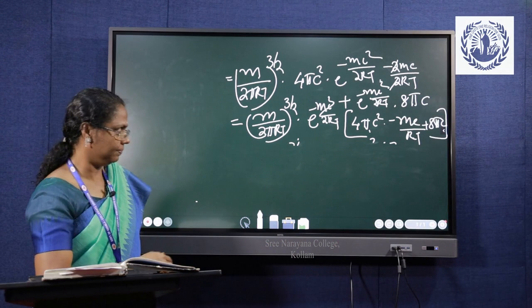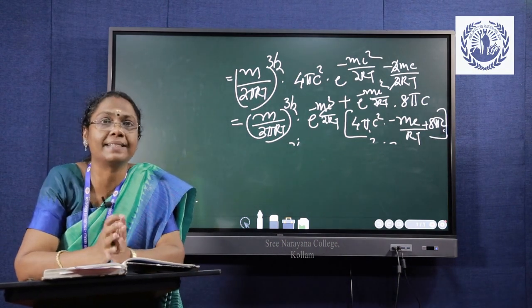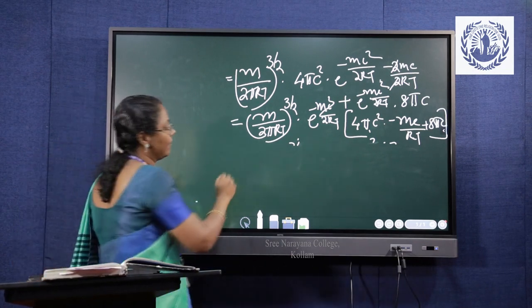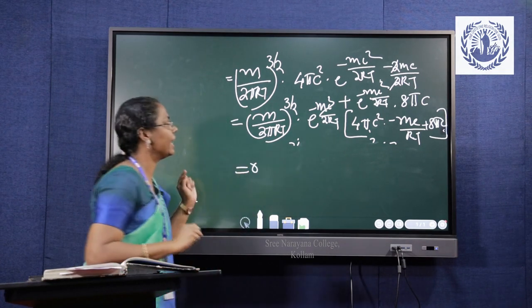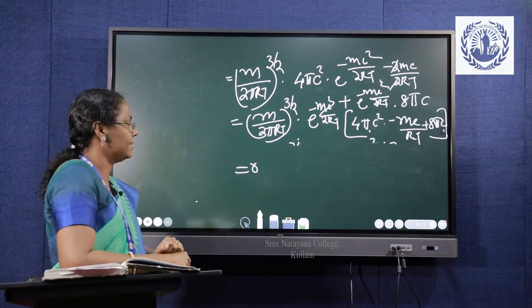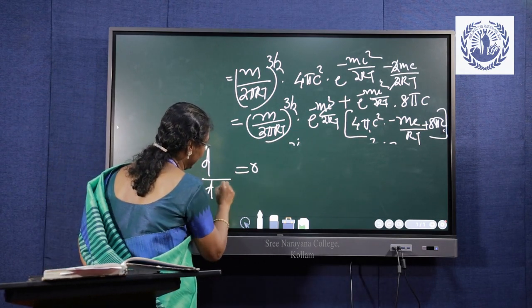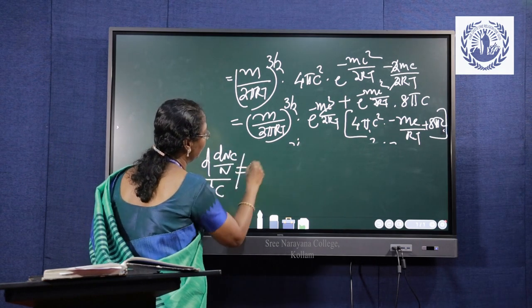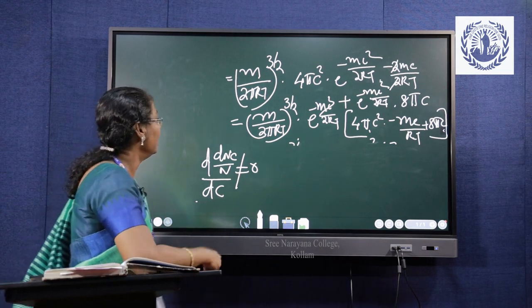Okay, then the condition which satisfies the maximal point is, as I have already said, we are equating this equation to 0, and the condition which satisfies the extremity is that the differential d by dc of dNc by n equals 0. The term dNc by n cannot be 0, because the fraction of molecules is always a positive value.